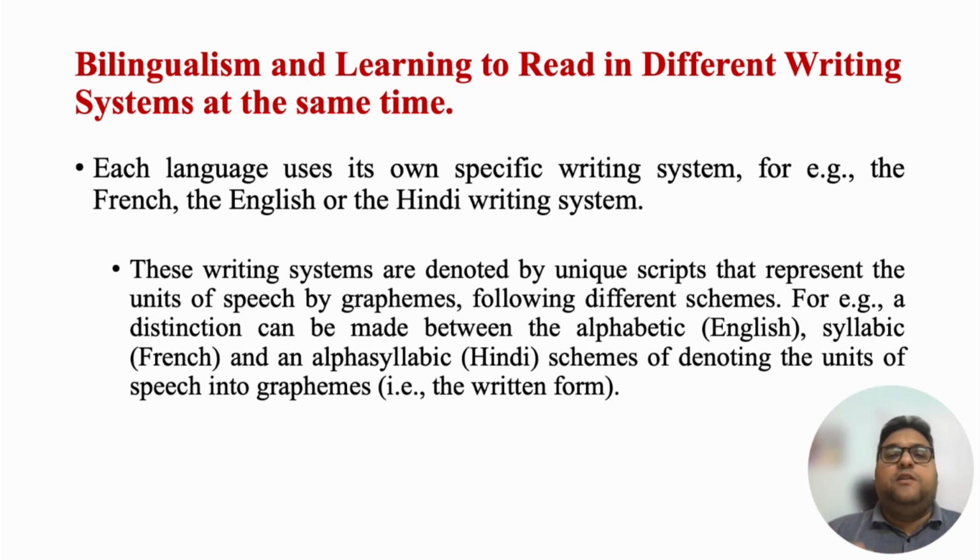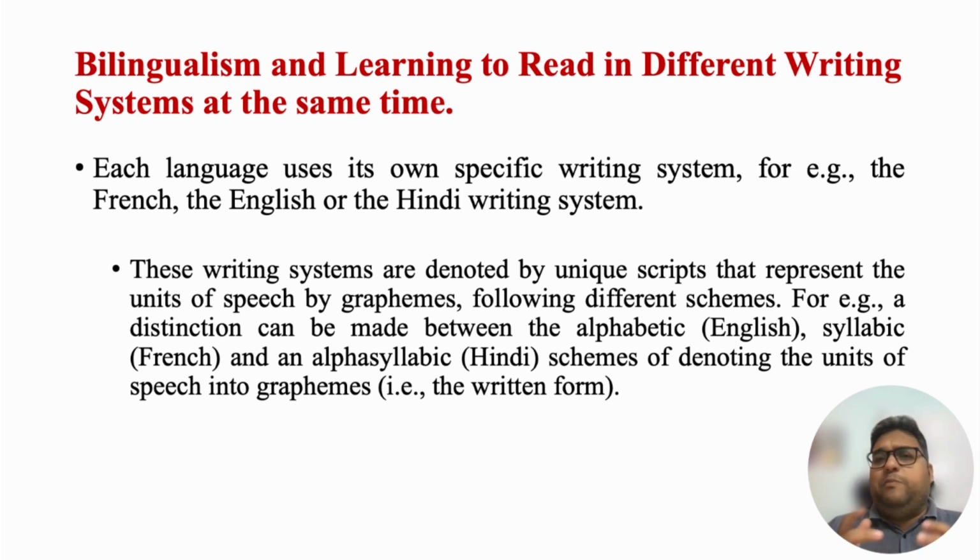Typically language is mainly in terms of speech, and depicting speech in written form is fairly recent compared to the origin of speech in human beings. So these different writing systems have evolved different ways to represent the units of speech as written patterns, which are referred to as graphemes.